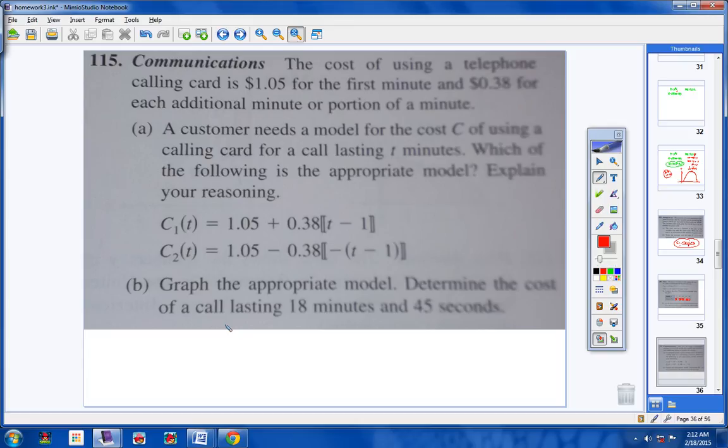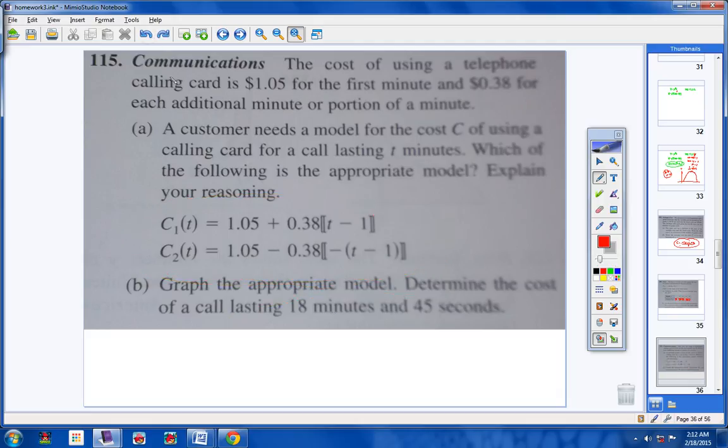Now, they're giving us two functions here. They're telling you the cost of using a telephone calling card is $1.05 for the first minute and 38 cents for each additional minute. Now they're asking you which one of these, and by the way, we're not going to graph this, so don't worry about graphing it, okay?